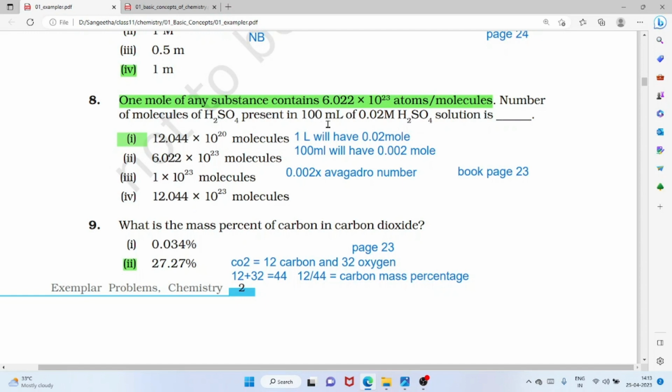Okay, 100 ml will have 0.002 mole, because 1 liter will have 0.02 mole. Then this many moles into the Avogadro number gives the number of molecules present. Okay, this is the one.